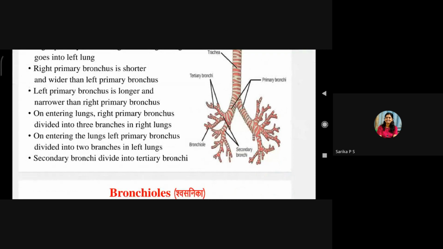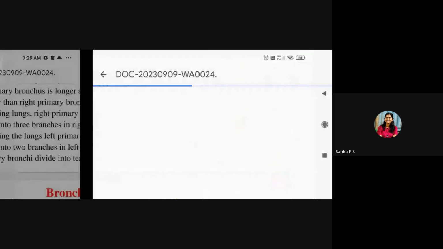Next, secondary bronchi divide into tertiary bronchi. You can see in this picture how they are branched like a tree.